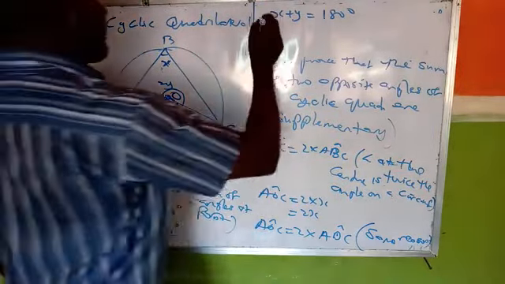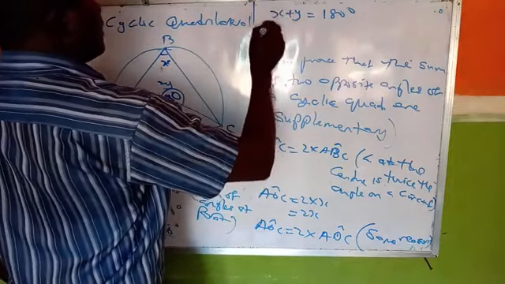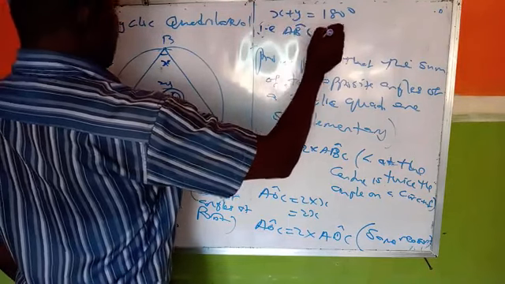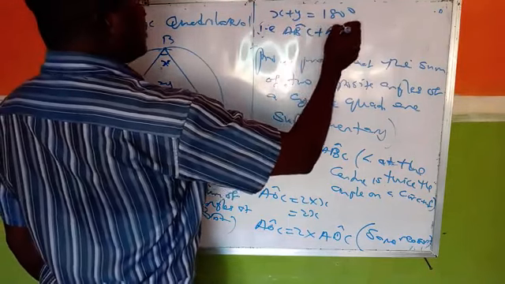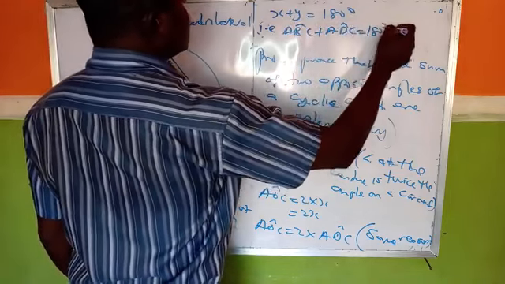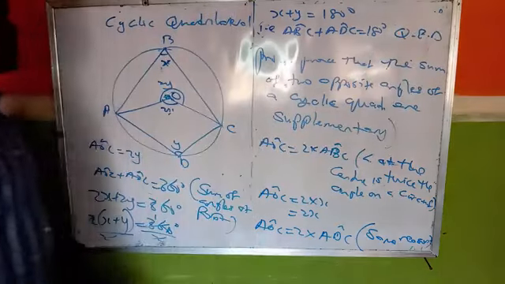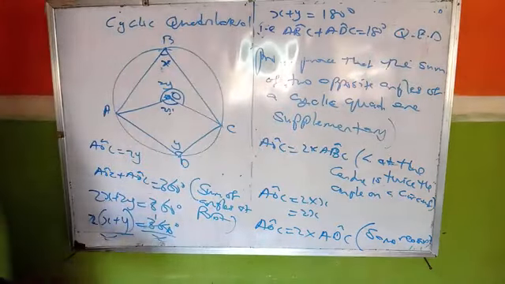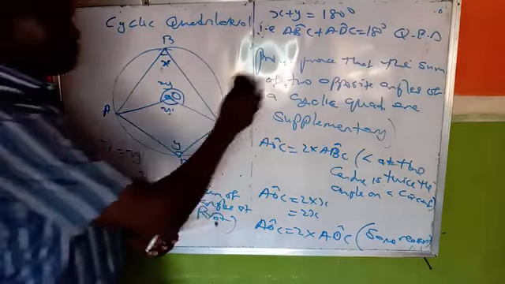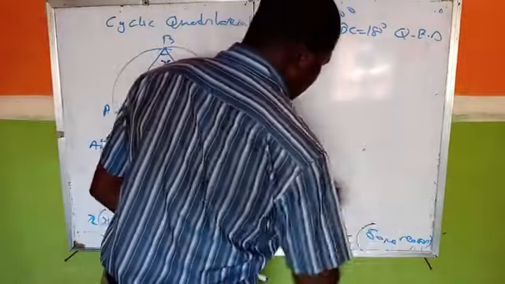That is angle ABC plus angle ADC equal to 180 degrees. Very simple. Just know the theorem. The first theorem gets most of the theorems; all the other theorems are based on it.